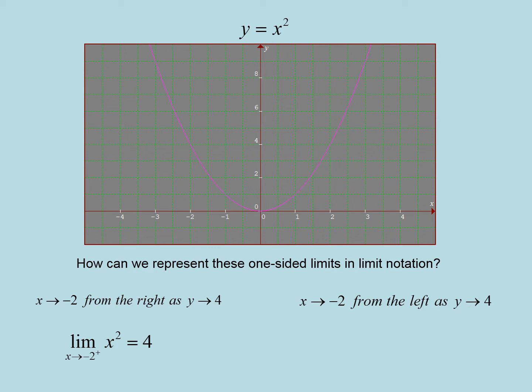Notice the difference is that right here, that means we are approaching -2 from the right side of -2. So that makes it a one-sided limit. And through our analysis, we saw the one-sided limit, the limit of x squared as x approaches -2 from the right equals 4.